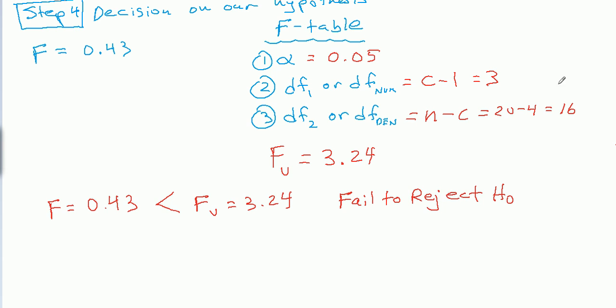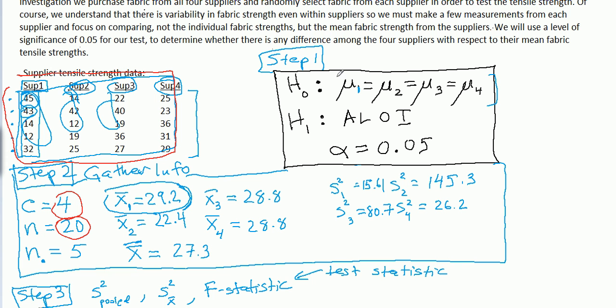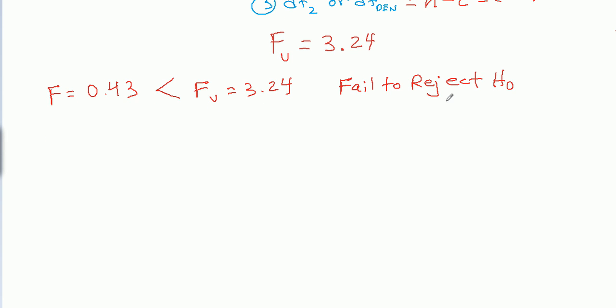Let's go back and see what H0 said. H0 says in words that all 4 suppliers have the same mean tensile strength. After doing all this work, we see that we don't reject H0. So we conclude there's not enough evidence to conclude that the 4 suppliers have any difference.